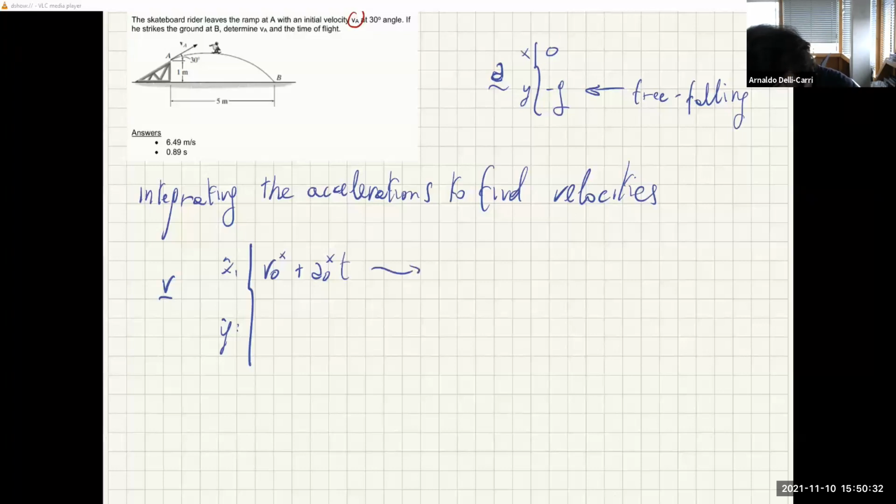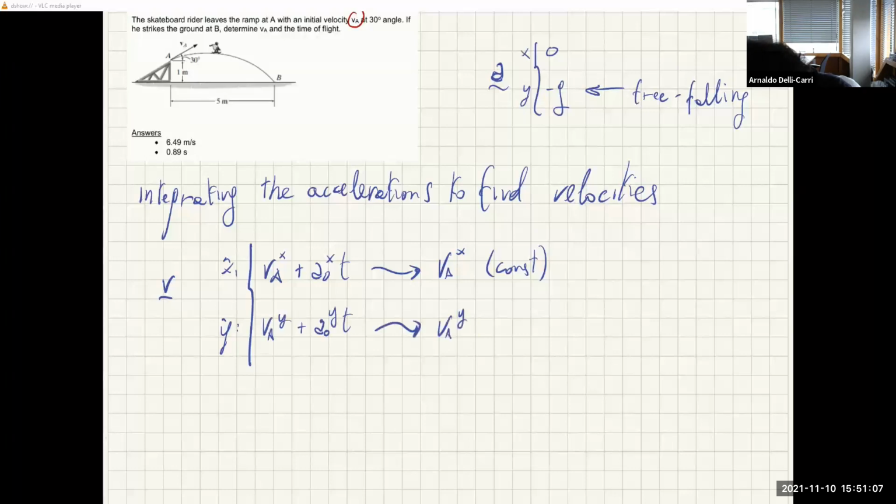So this is just v0, we called it va because that's the initial speed. So we have vax, and that's it. Vax is constant. In this case, we have vay plus a0y of t, which becomes vay minus gt, and this is linear.